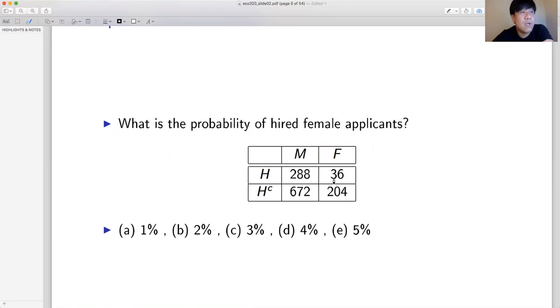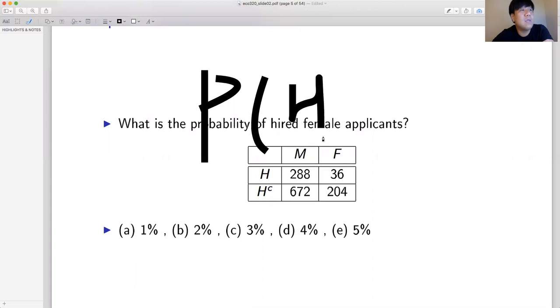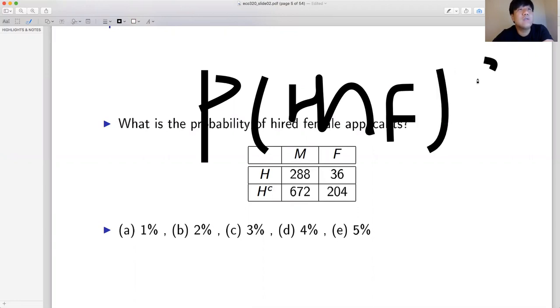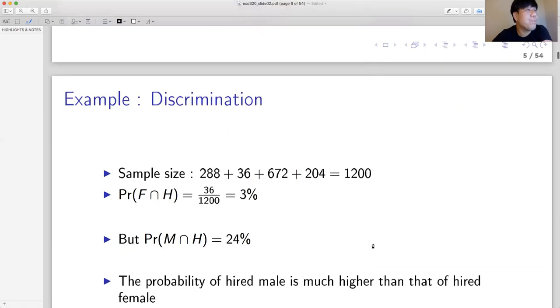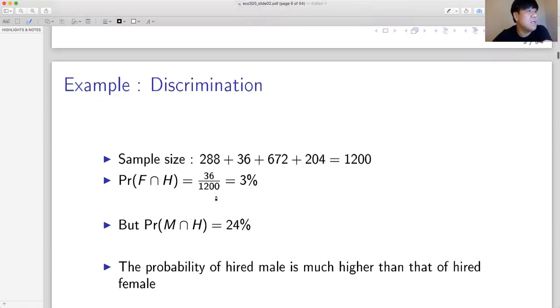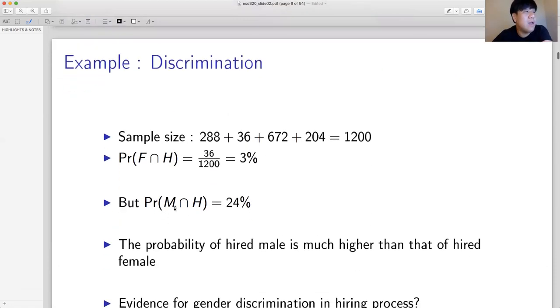So you are looking for the probability of hired H intersection female, which is 36 over 1200. So that is 3%. But the probability of male intersection H is 24%, as we just discussed, right?